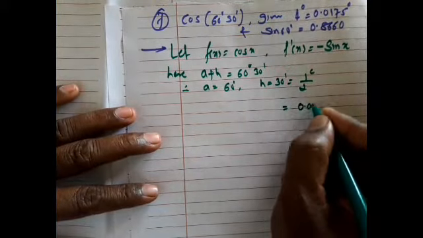This is equal to 0.5 minus 0.0075775. So finally, cosine 60 degrees and 30 minutes is approximately equal to 0.4924, and this completes the example.